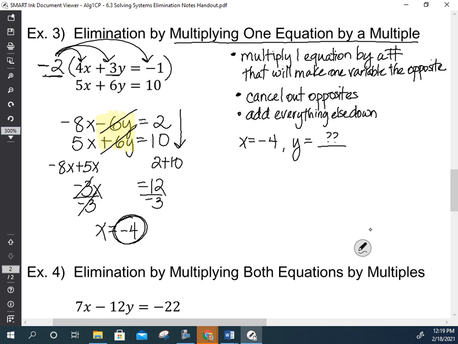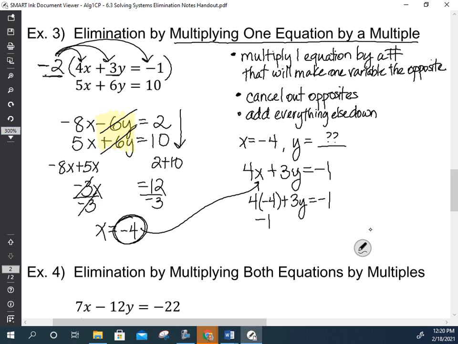Plug it into one of the other equations. So you can pick whichever one you want. I'm going to pick the first equation, because I felt like it. That was the first equation that I started with. Take negative 4, plug it in for x. Once you know one, you can get the other.